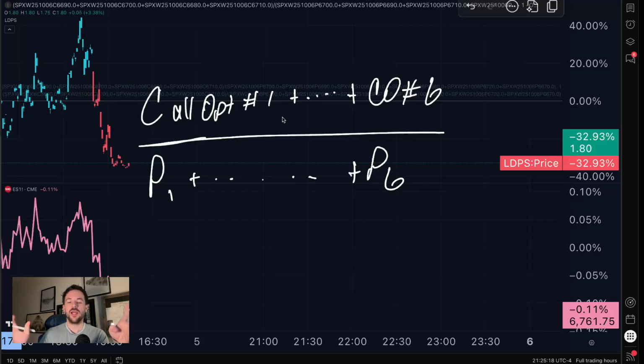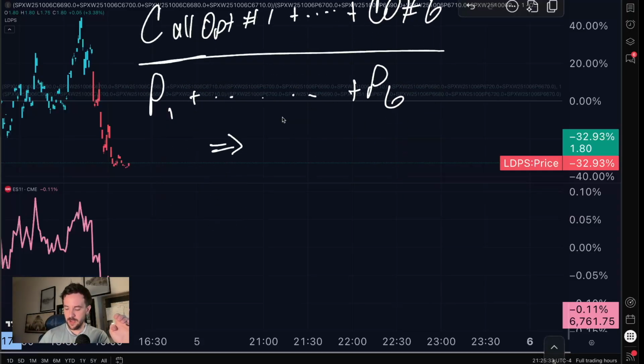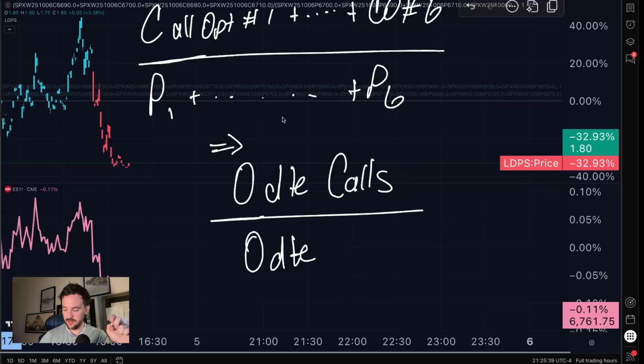So we're combining what we were doing in the last two examples, where now we're adding up a whole bunch and then comparing it against another added up whole bunch. So this basically becomes comparing 0 DTE calls against 0 DTE puts.